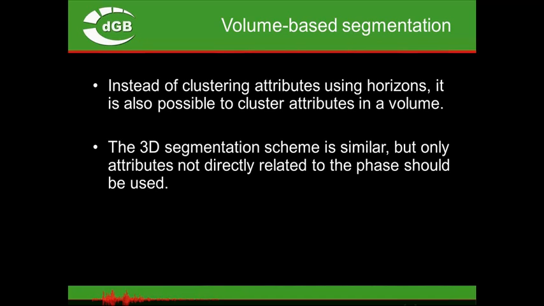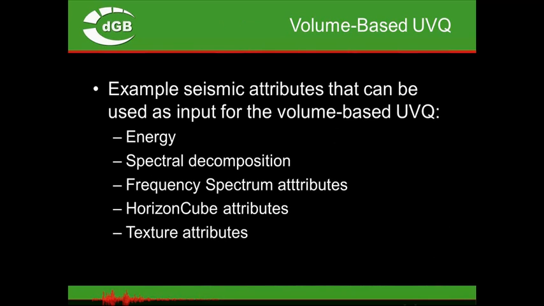It's done for 2D, for instance, horizon-based clustering. But if you use, for instance, volume-based, please try to use attributes which are phase independent. If you still use, let's say, an attribute like amplitude, the result will be similar to the original seismic data.